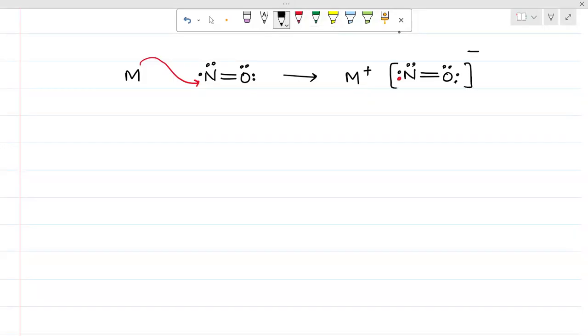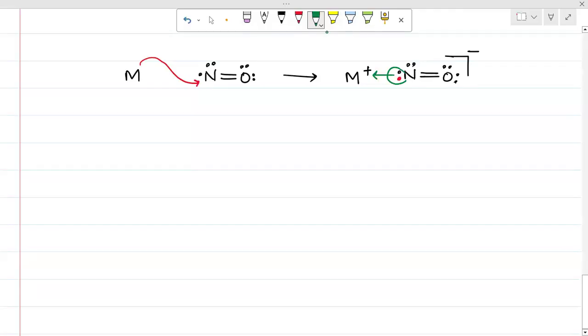NO now carries a minus charge. Now the octet is complete. If the octet is complete, this lone pair of electrons can now be donated to the metal to form the coordinate bond. So understand it very carefully. Now it carries a negative charge. This lone pair now is donated to the metal.